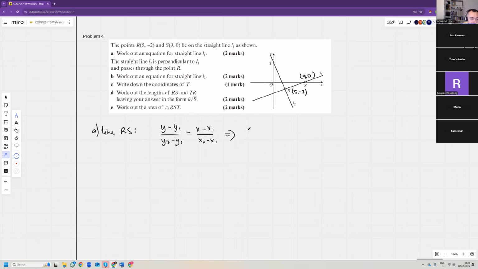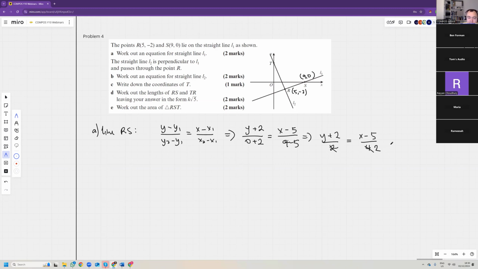We substitute that in, so y minus y1, which is y plus 2, divided by 0 plus 2 equals x minus 5 divided by 4, or 9 minus 5, which is 4. So y plus 2 over 2 equals x minus 5 over 4.